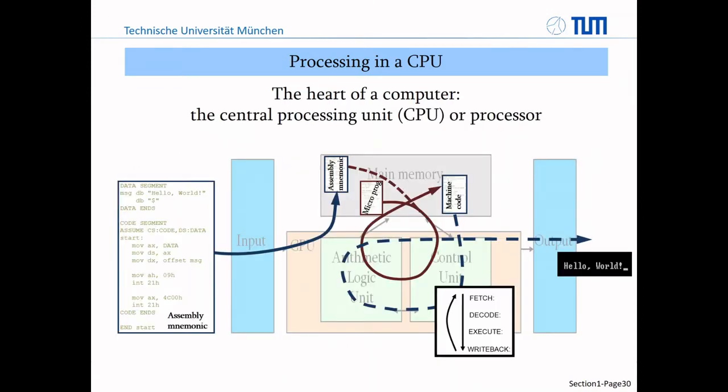And therefore you load this assembly into the main memory, then you do things like microprogramming. You decode it to a machine code, and this machine code is then fetched, decoded, executed, and written back to the memory. So you have several of these processing loops in your processor.